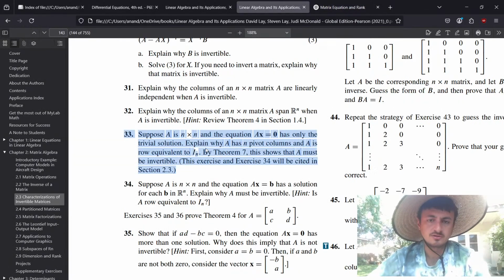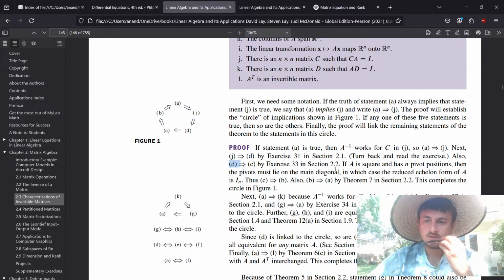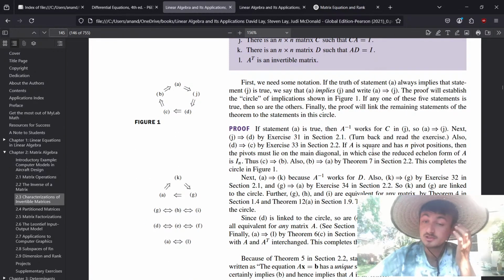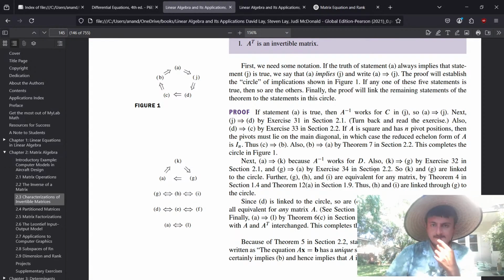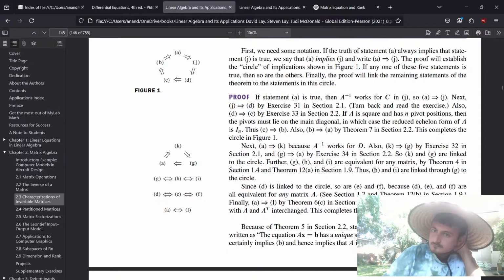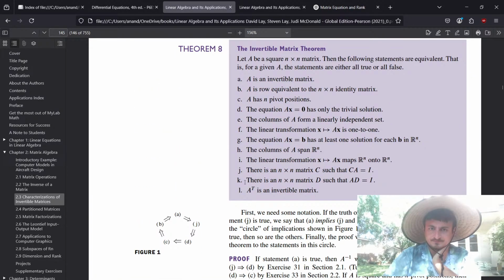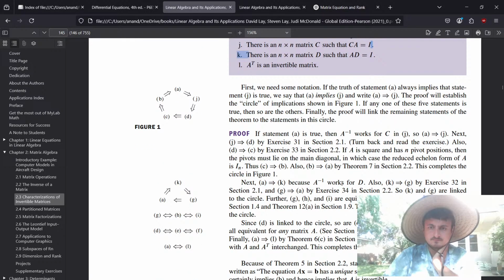I mean, we haven't really learned that theorem yet, but I'm kind of chill with that. B implies A. Yeah, okay. That's chill. Next, A implies K. That's just the definition.